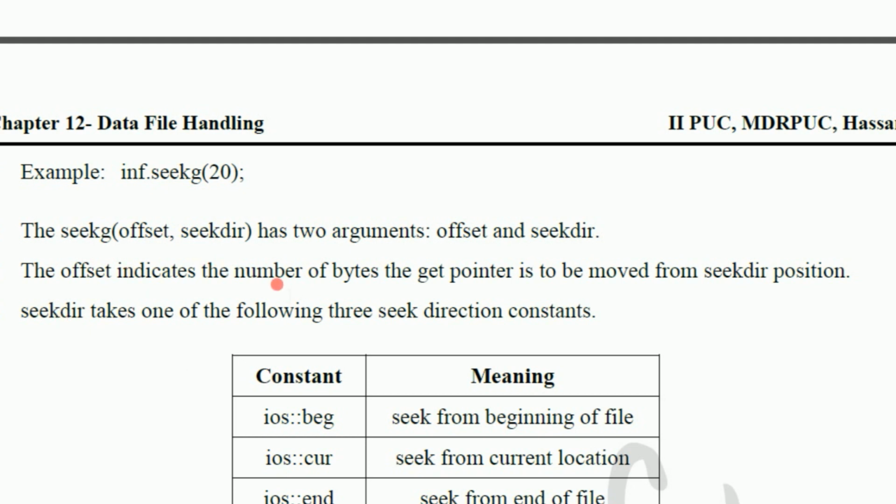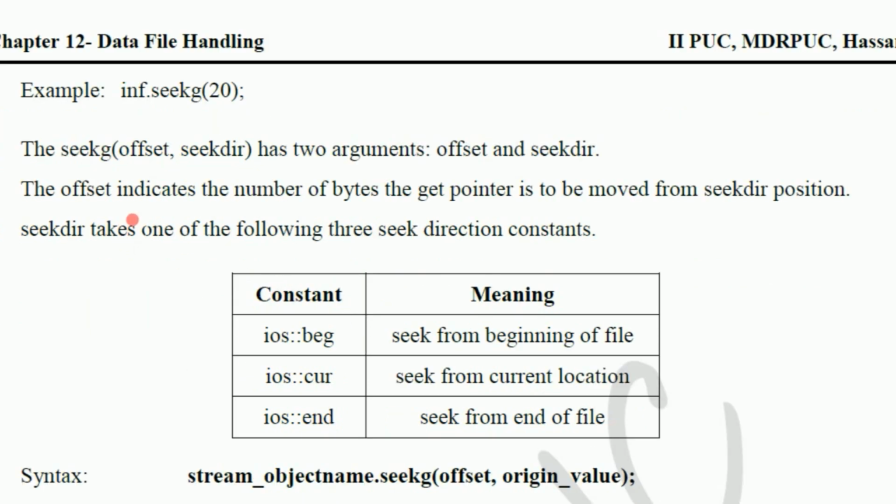seekg(offset, seekdirection). We can specify the offset, which indicates the number of bytes the get pointer is to be moved from the seekdir position, and the seek direction may be ios::beg, ios::cur, ios::end. That means wherever the pointer is, from the beginning, search the information or move to the particular position. ios::beg is from the beginning. ios::cur is from the current cursor position. ios::end is from the end, moving in a backward direction.